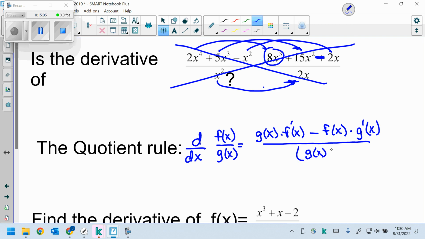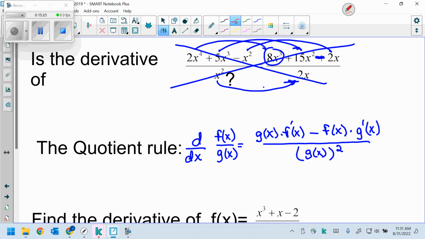Now, you might ask, why do you do that? Because that's what James tells us to do. I just blindly follow James. Much smarter man than I am. That's the quotient rule.